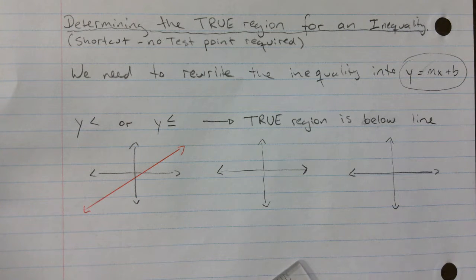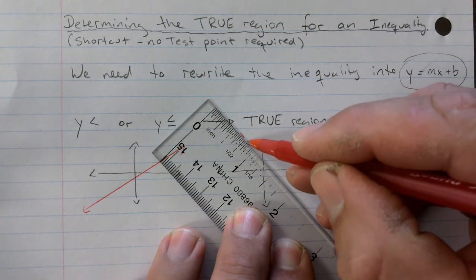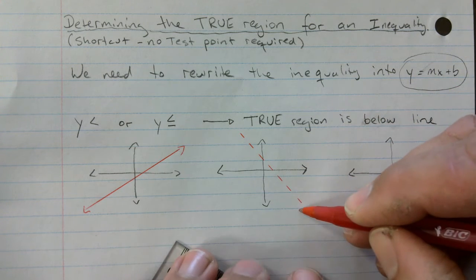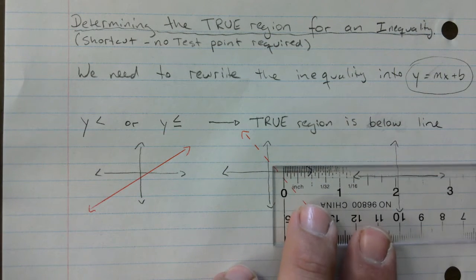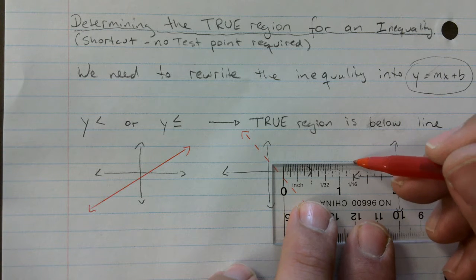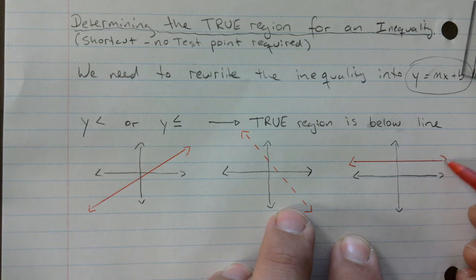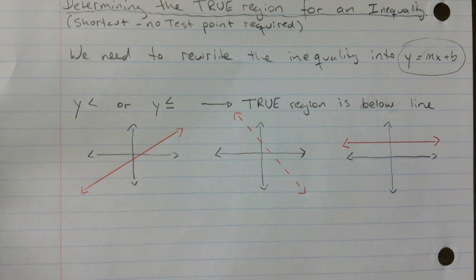I'm just going to mix it up, give you a bunch of examples. You could have a line that points down and it's dashed. And last but not least, you could have just a plain horizontal line, and I'll make it solid as well. These are your 3 different scenarios.